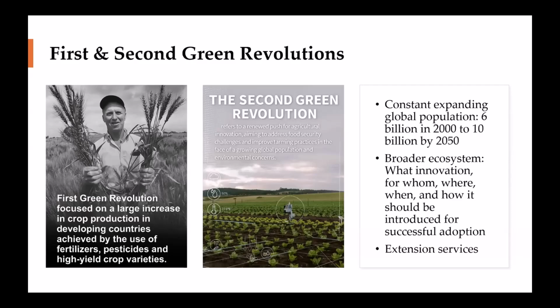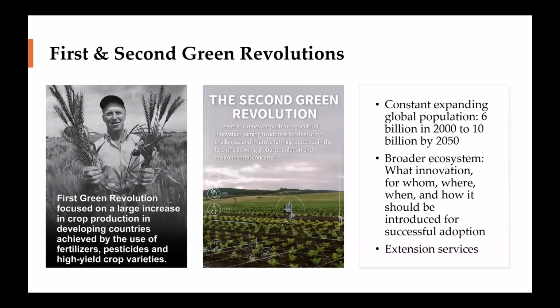If you track the growth of the world population, it was approximately 6 billion in 2000, but now we are reaching 10 billion people by 2050. So we have more and more population, but our resources are getting scarce. So we have to think about the broader ecosystem: what innovation, for whom, where, and when, and how it should be introduced for successful adoption globally.